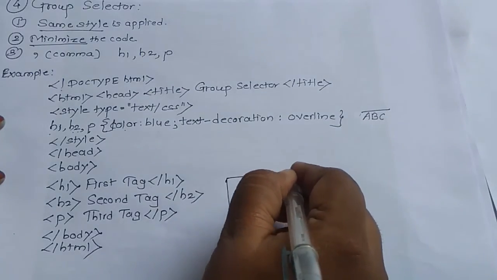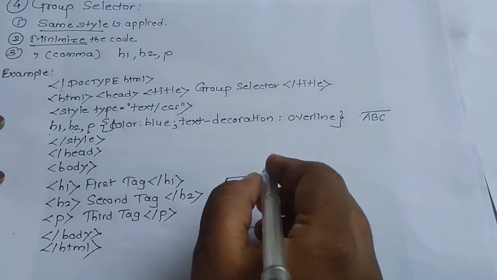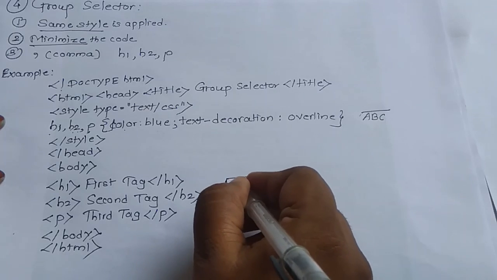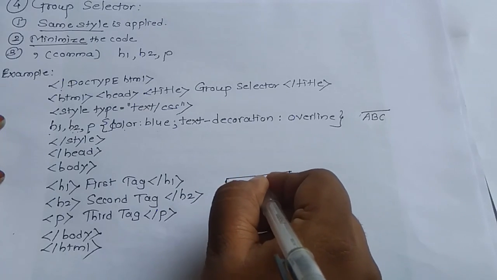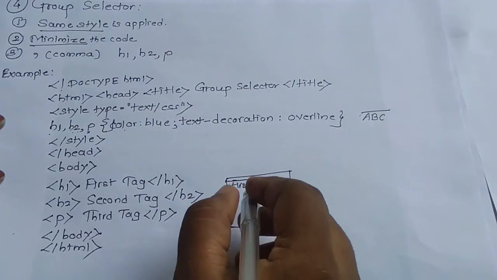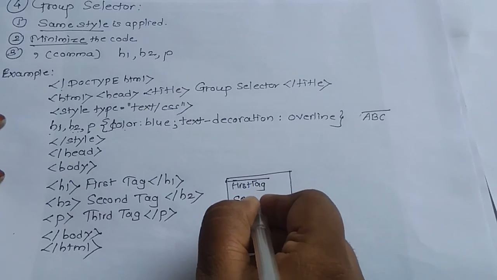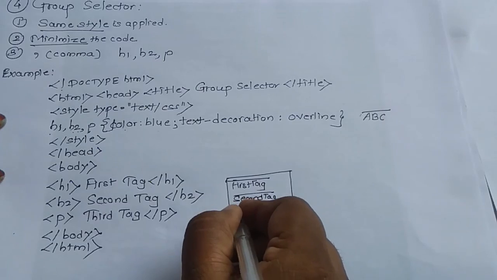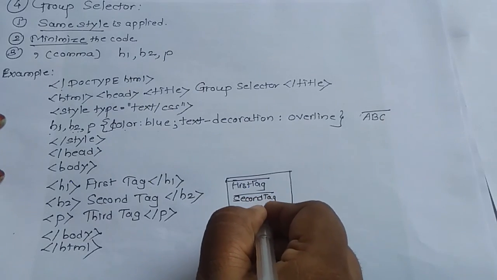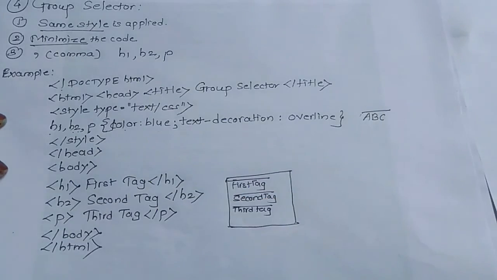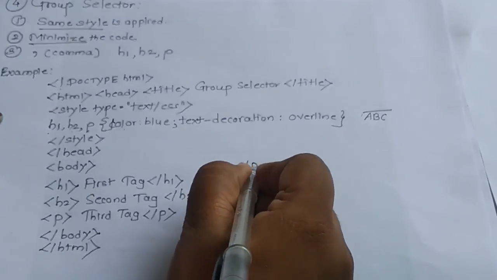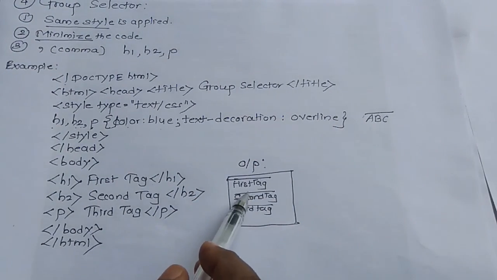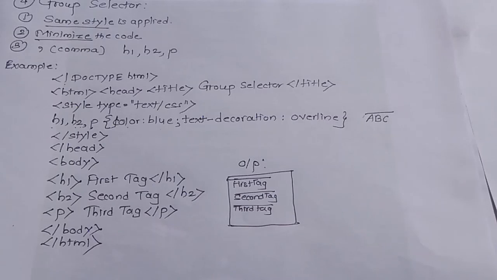Suppose I open Internet Explorer here. For the first tag the color is blue, then the second tag is blue, and this third tag is again blue. And there is an overline effect for all three different texts. So this is called a group selector.